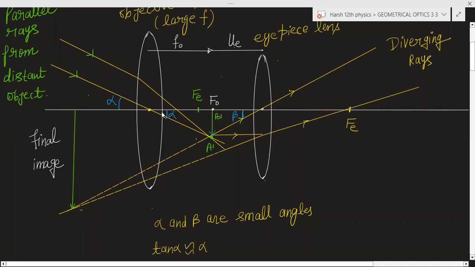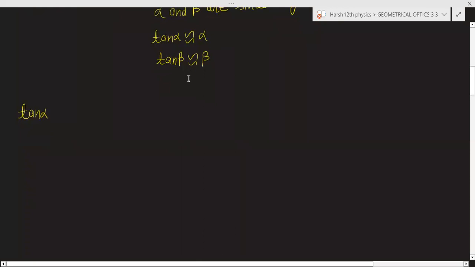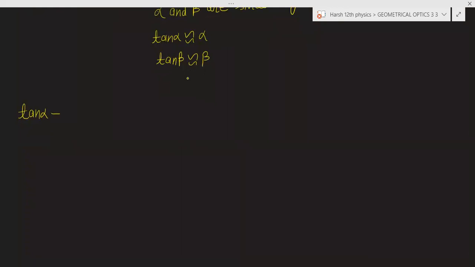A dash B dash is the perpendicular, and this distance FO is the base. So tan alpha will be A dash B dash divided by FO. So tan alpha is equal to A dash B dash divided by FO.